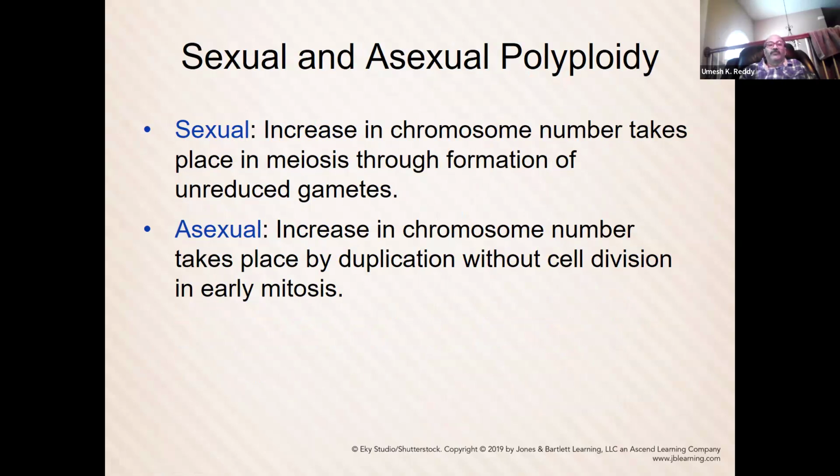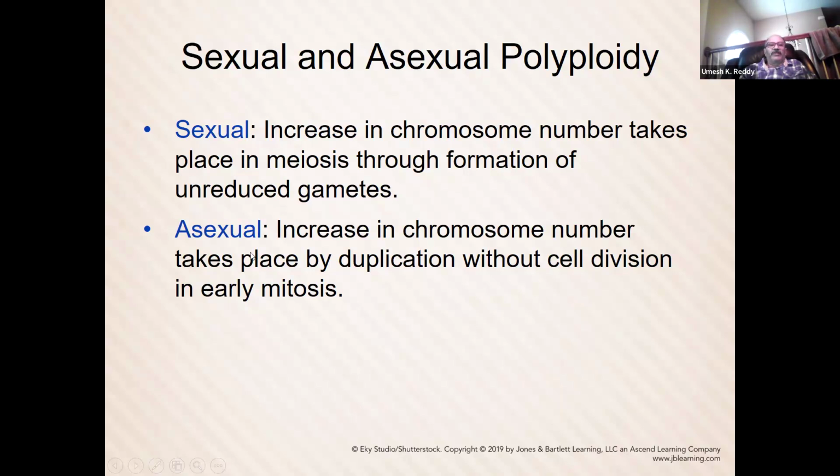Like we humans, we reduce our gametes to 23 chromosomes, but our somatic cells have 46 chromosomes. If meiosis does not happen by mistake, then we will produce gametes with 46 chromosomes, which is fatal in humans, but which is acceptable in plants. That can lead to speciation. Okay, that becomes a different species.